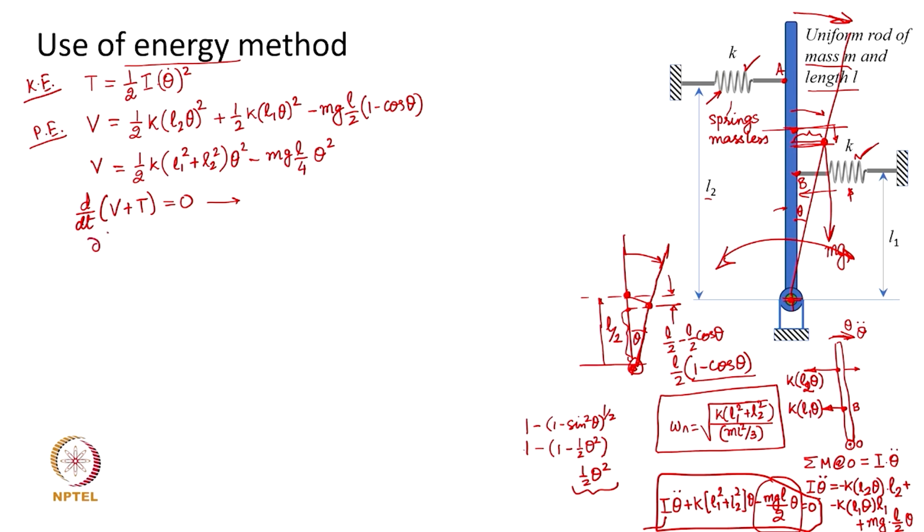Now, the Lagrange's equation that we wrote in the previous slide reads like this: d/dt of (dou T by dou q_i dot) minus dou T by dou q_i plus dou V by dou q_i equal to 0.